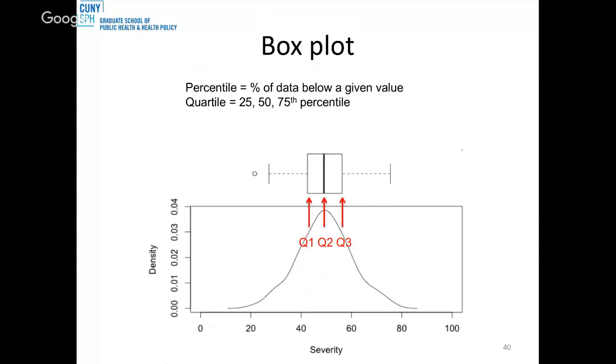Quartiles are just convenient percentiles, the 25th, 50th, and 75th. And these three percentiles are shown in the box plot, the start, the middle, and the end of that box. These are referred to as the first quartile, the second quartile, and the third quartile.